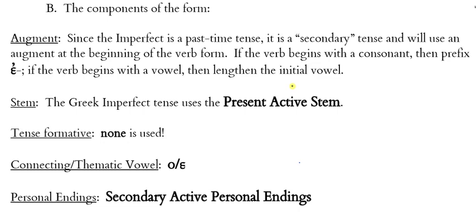If our ending begins with a mu or a nu, use what? Omicron. Everywhere else, use the epsilon. And then the personal endings we're going to use, we're now moving to the right side of the quadrants for that master personal ending verb chart. We're using the secondary endings. And because we're in the imperfect active, we're going to be using the secondary active personal endings.